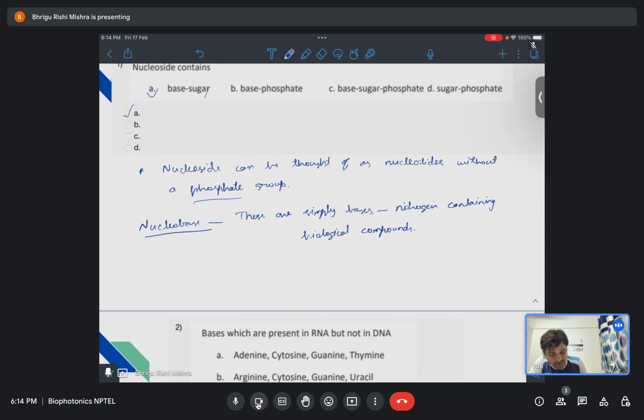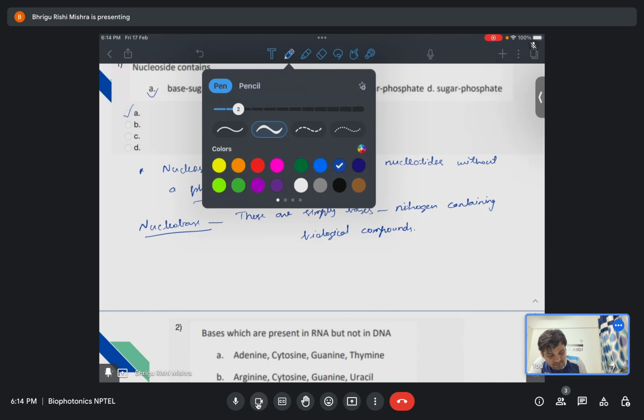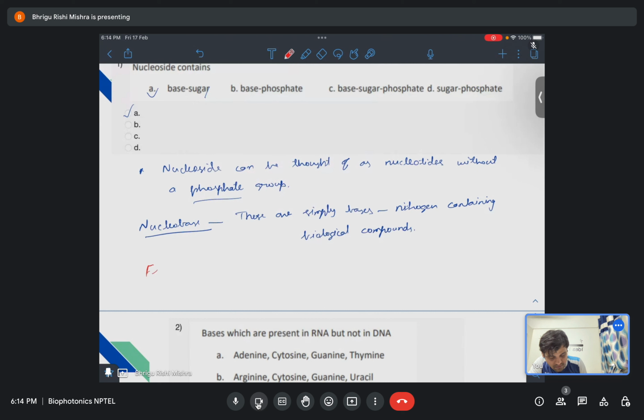There are five nucleobases. What are these?